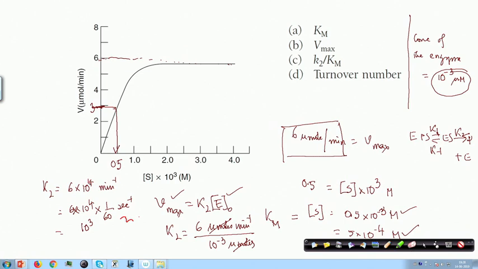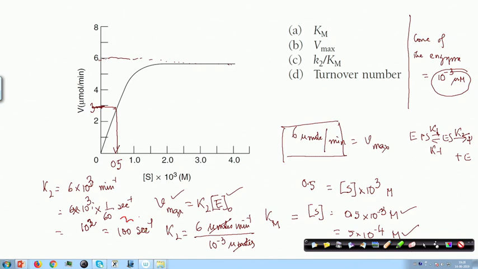This is not 10 to the power 4, this is your 6 into 10 to the power minus 3 micromoles, so 6 into 10 to the power 3, okay. So that will be 10 to the power 3 into 1 by 60. So, that will come out to be 10 to the power 2, that means 100 second inverse. So, that is your K2.